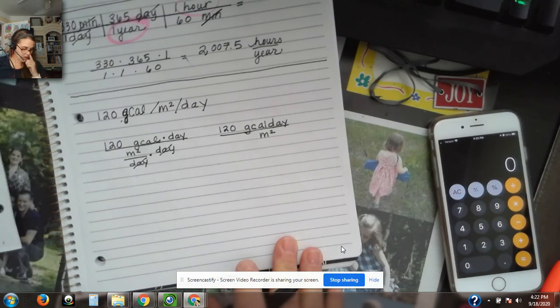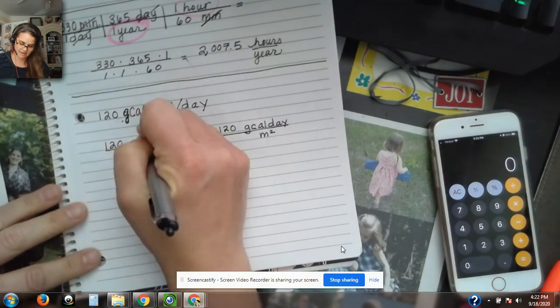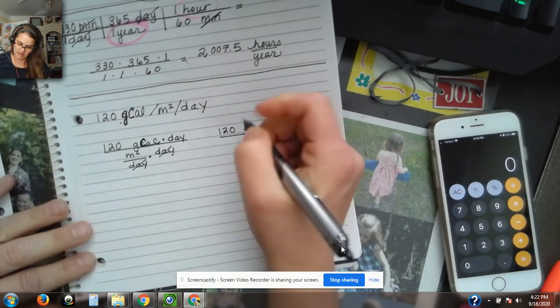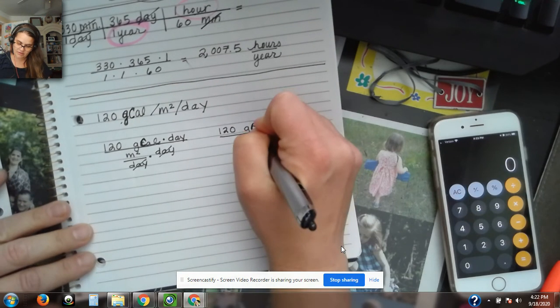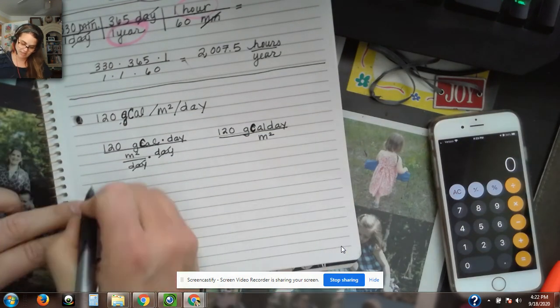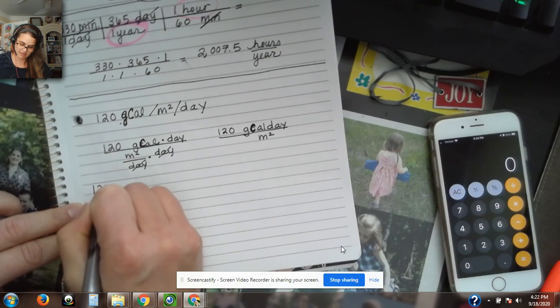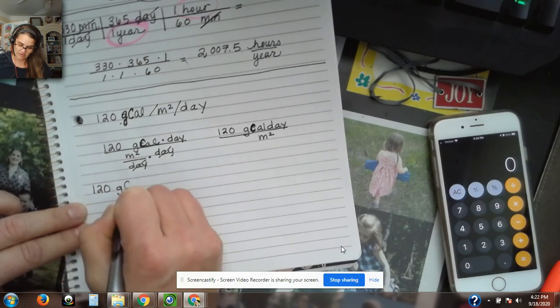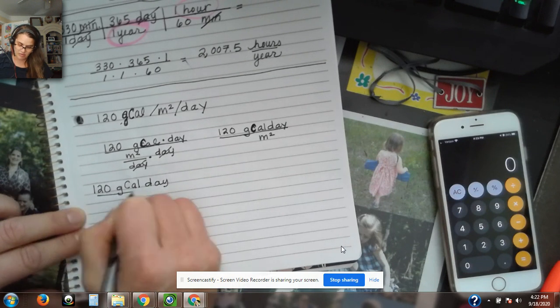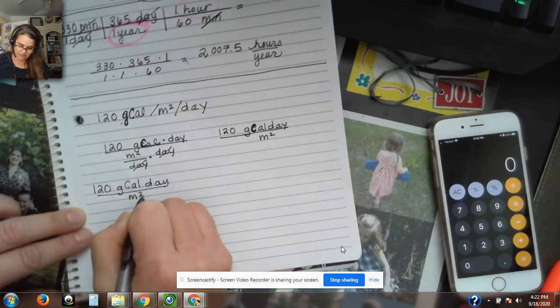Oh, you guys, I think I was wrong. It must have been big C. I apologize. My handwriting was not clear to my own self when I had written the numbers down. Okay, so we're going to take this 120 gram cal days per meter squared.